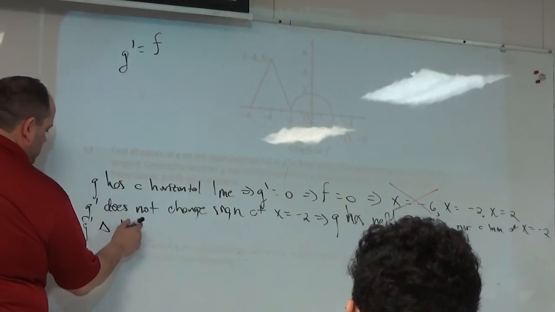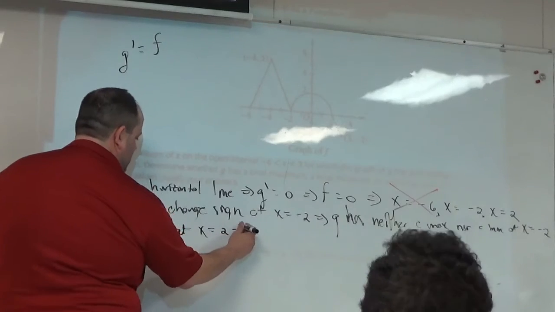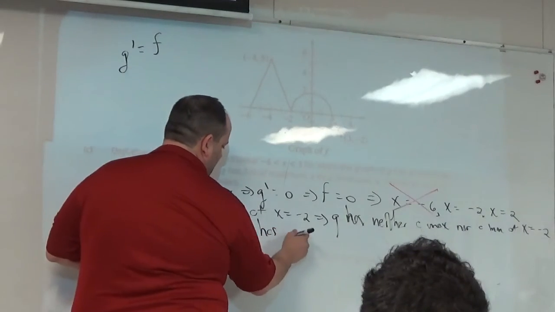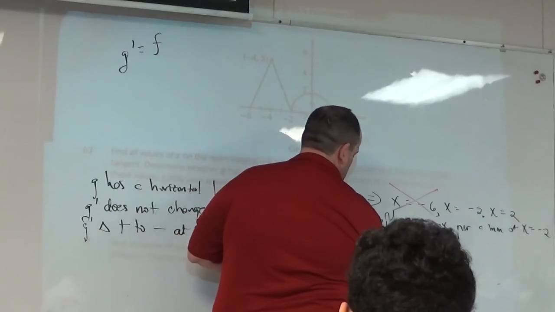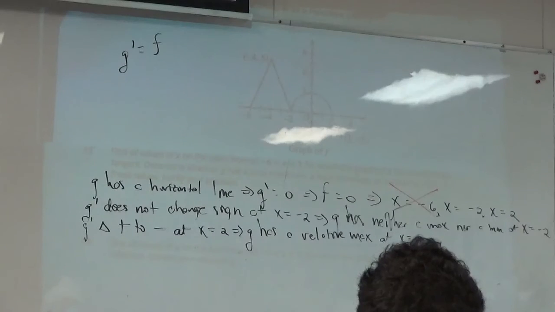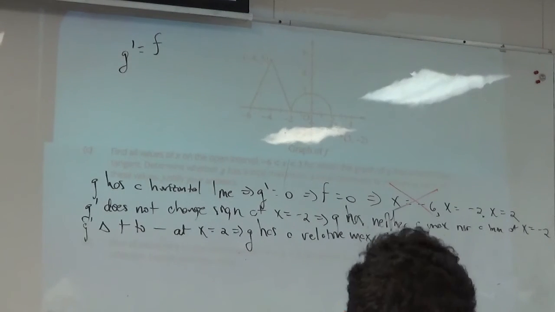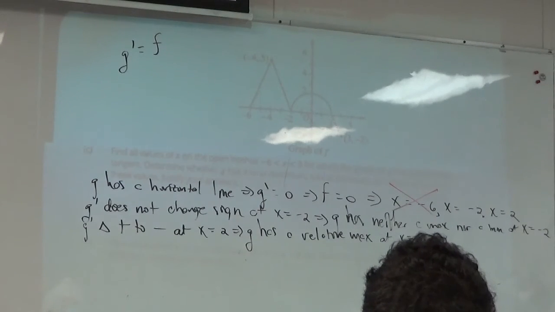So G prime changes from positive to negative at x equals 2, which means G has a relative max at x equals 2. I want to make sure we get really, really good at free response questions like this. These are common questions. I just cannot emphasize enough how important it is that the writing is really solid.